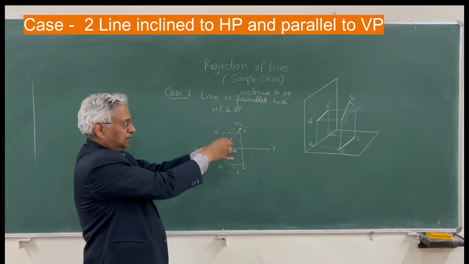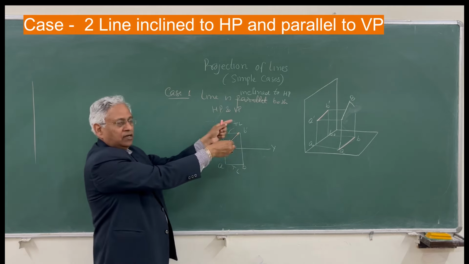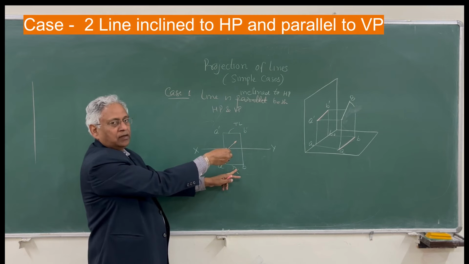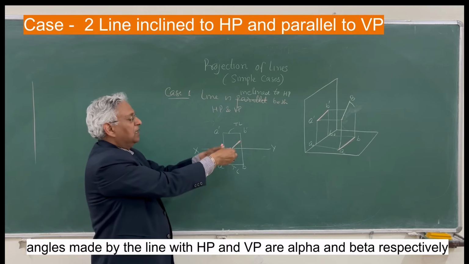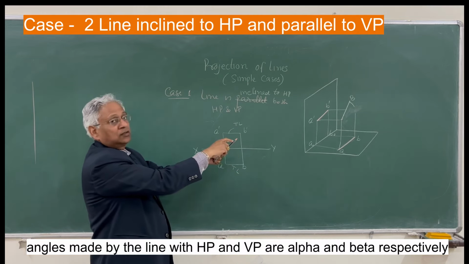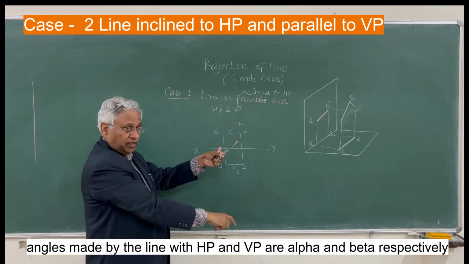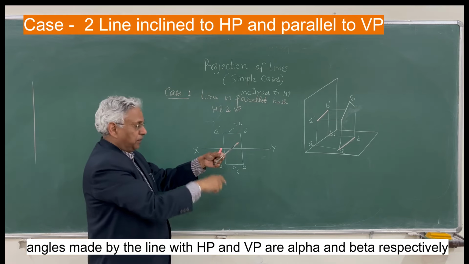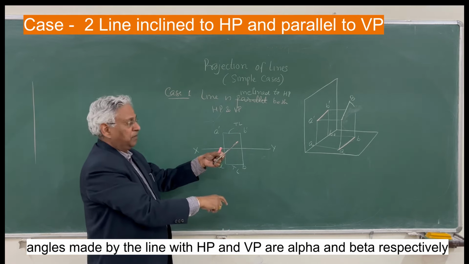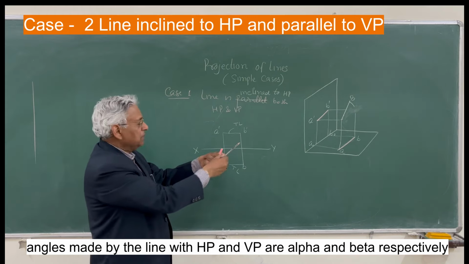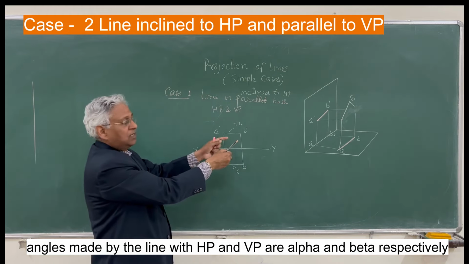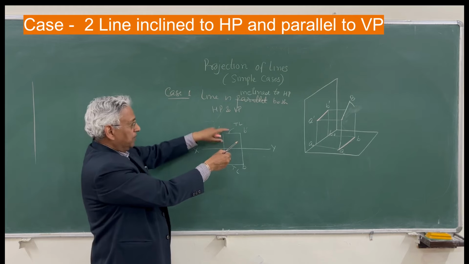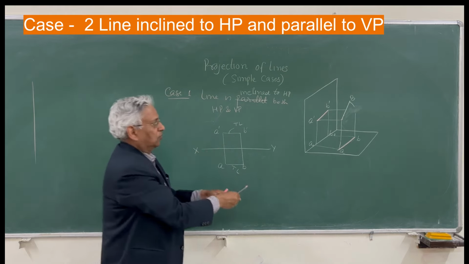So the condition that the line is parallel to the vertical plane, and therefore the plan is parallel to the ground line, still holds. But the line is not parallel to the horizontal plane, and therefore the plan will not be the true length. But the elevation will be the true length, because this line is parallel to the vertical plane.